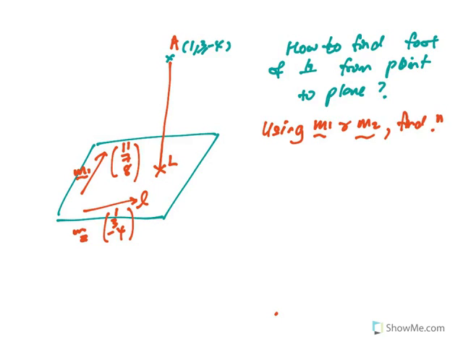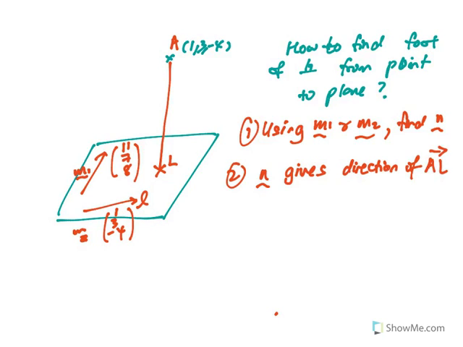Find the normal vector. What is the purpose of finding the normal vector? Why do I find the normal vector? Very good, because N gives the direction vector of AL.